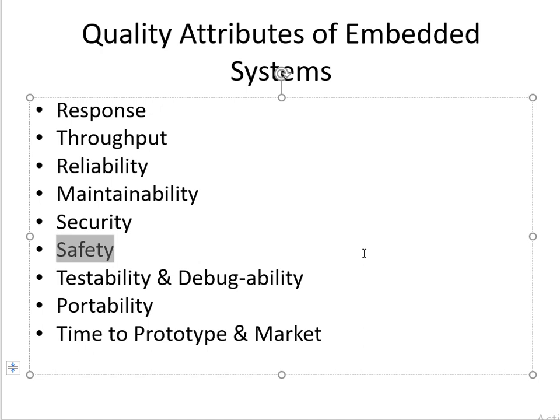Safety deals with the possible damages that can happen, for example, to the operator, public, environment, due to the breakdown of an embedded system. The breakdown of an embedded system may occur due to a hardware failure or firmware failure.